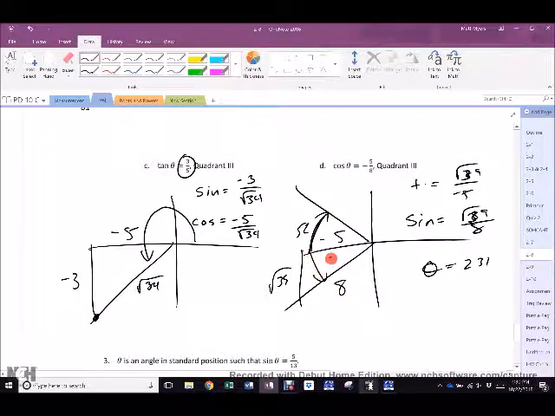So this must be the 52. So this must be 232, because that would be 180 plus the 52. Okay? Once again, your calculator is giving you all the right answers, but you have to know how to apply it.